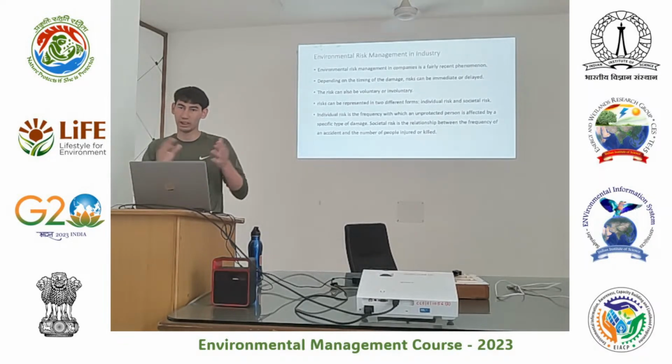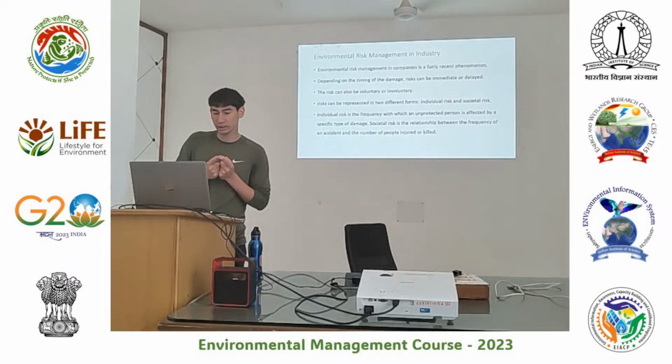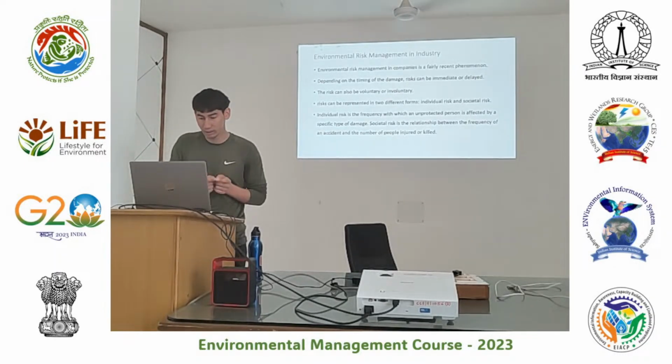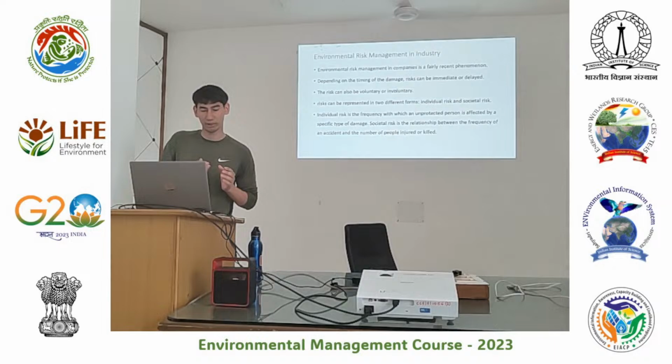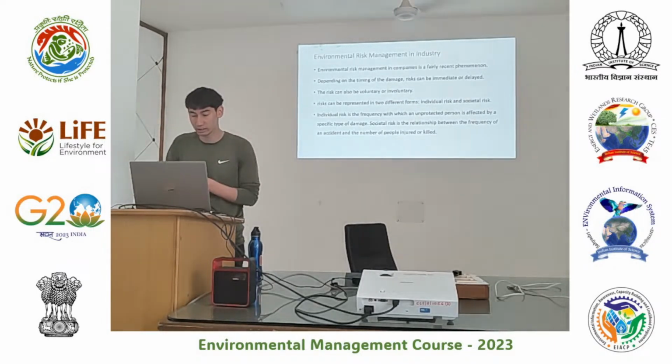But societal risk is about a project and how we are polluting the environment. Individual risk is the frequency with which an unprotected person is affected by a specific type of risk, whereas societal risk is the relationship between the frequency of an accident and the number of people injured or killed by that accident.